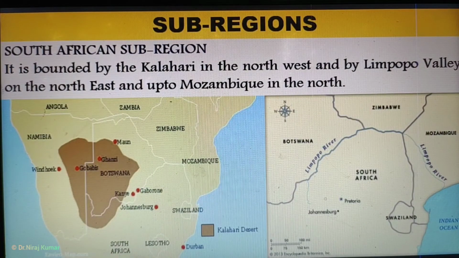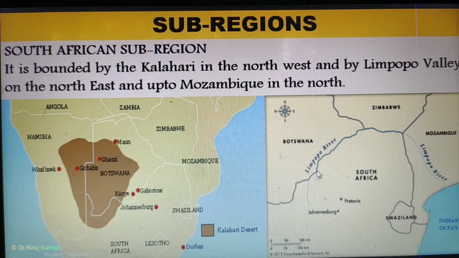Third subregion is called South African subregion, which is bounded by the Kalahari in the northwest and by Limpopo Valley on the northeast and up to Mozambique in the north. This is Mozambique. This part has Kalahari Desert.